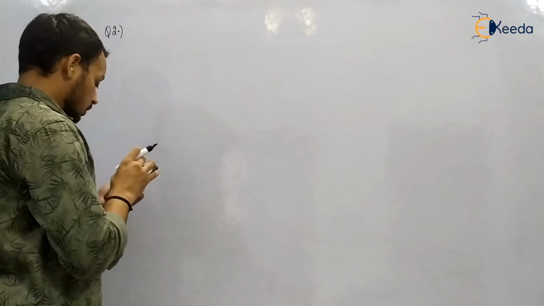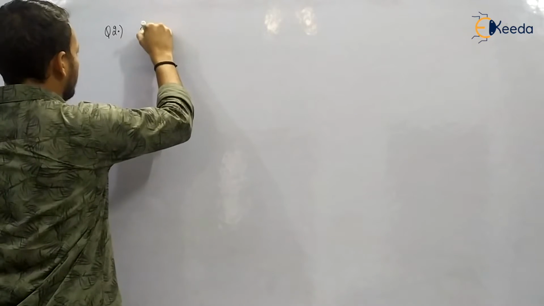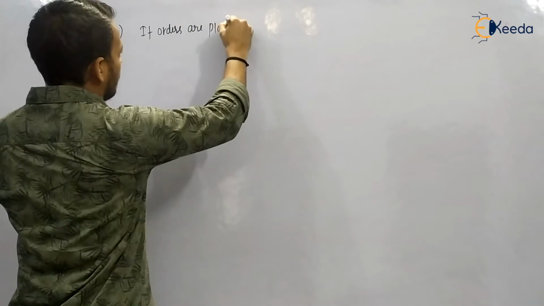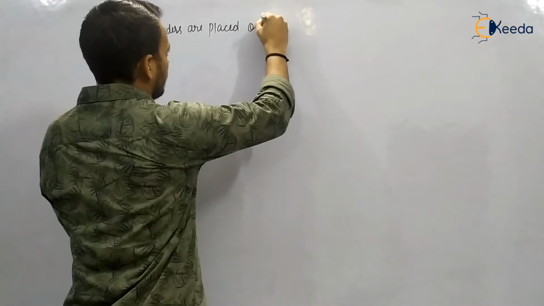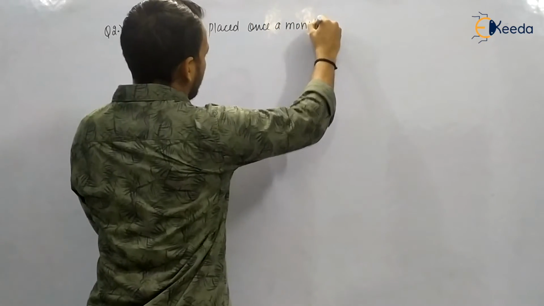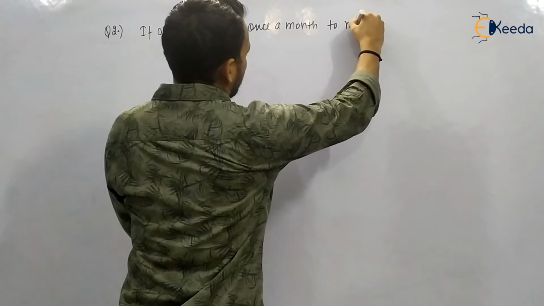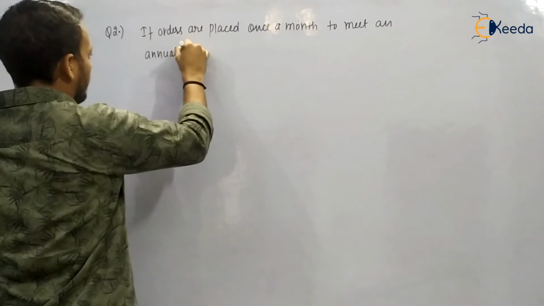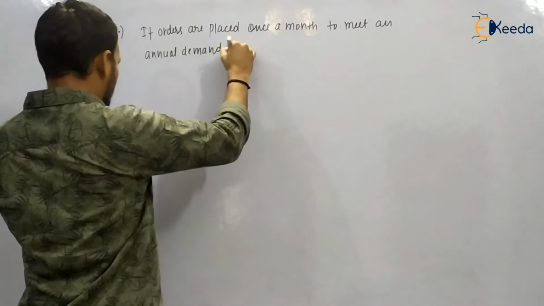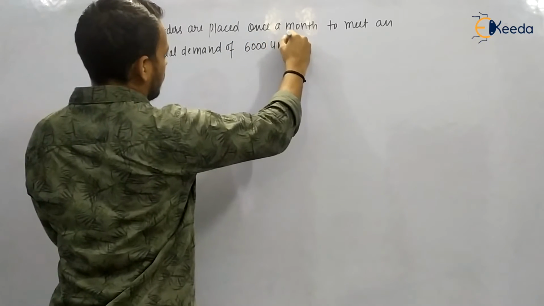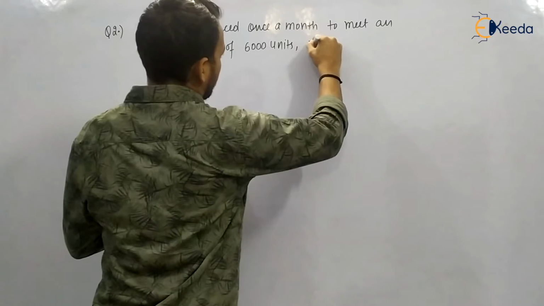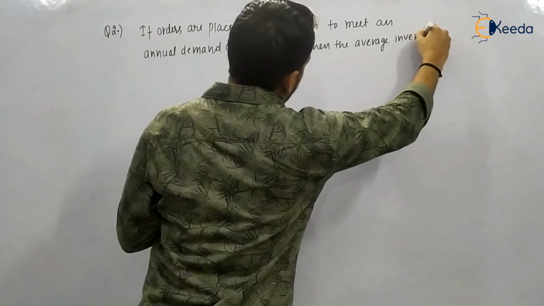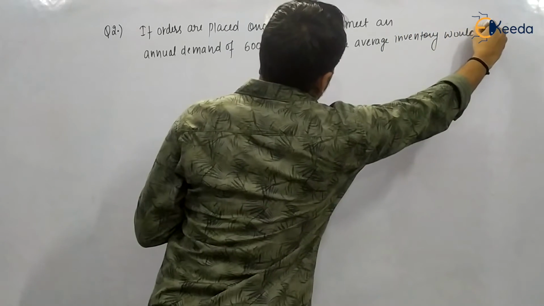The question says that if orders are placed once a month to meet an annual demand of 6,000 units, then the average inventory would be?